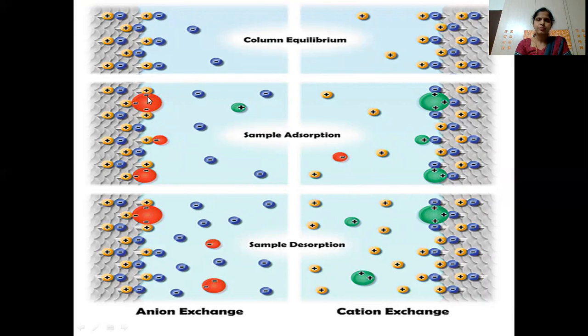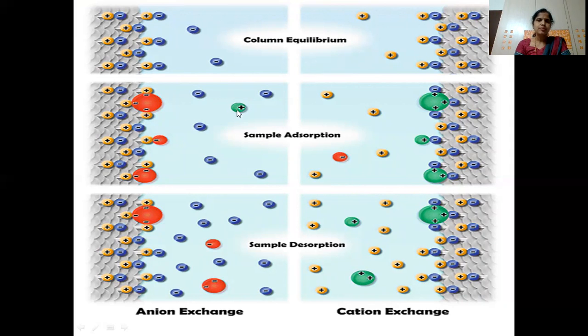Those are the red colored part. So you can see the blue colored anion is being replaced now by the red colored anion, which is present in the sample. So this is how the ions are getting exchanged and they are getting adsorbed onto the resin. So here adsorption is taking place onto the resin.